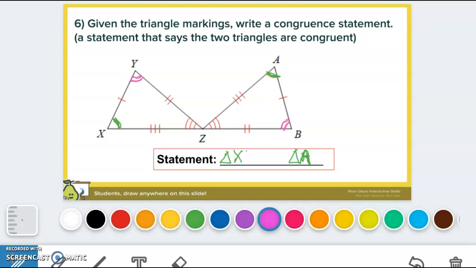So Y matches with B on the right hand triangle, and then finally Z matches with Z here. So that's going to be Z and Z. So then finally I need to make sure that I put my congruence symbol. So triangle XYZ is congruent to triangle ABC.